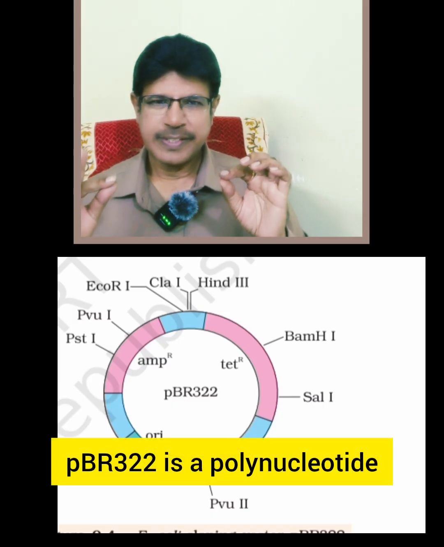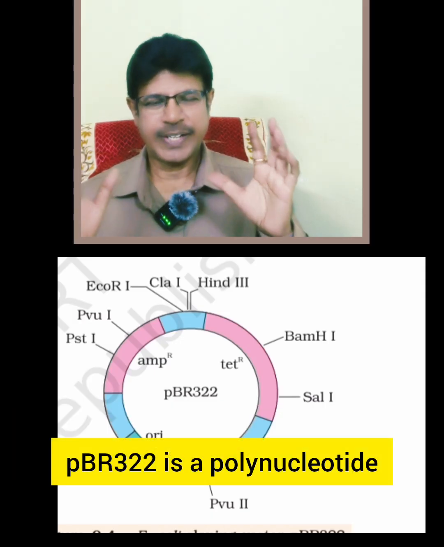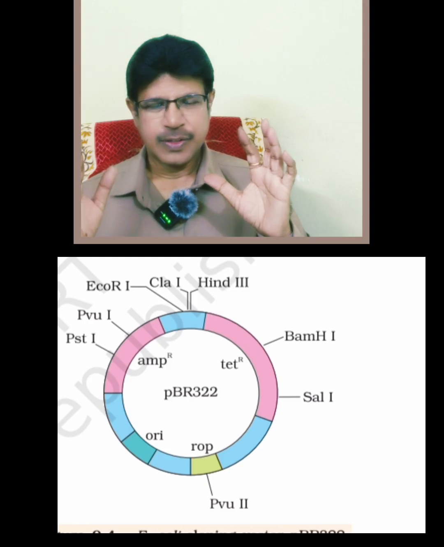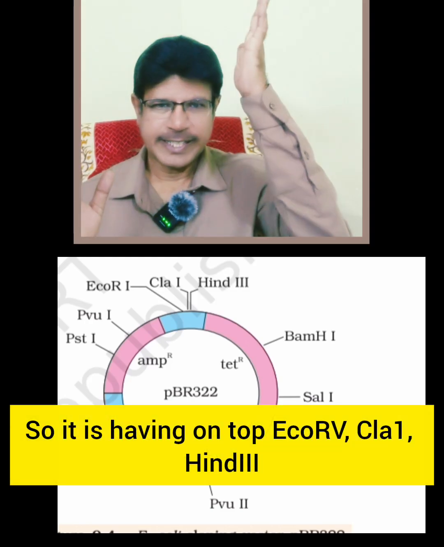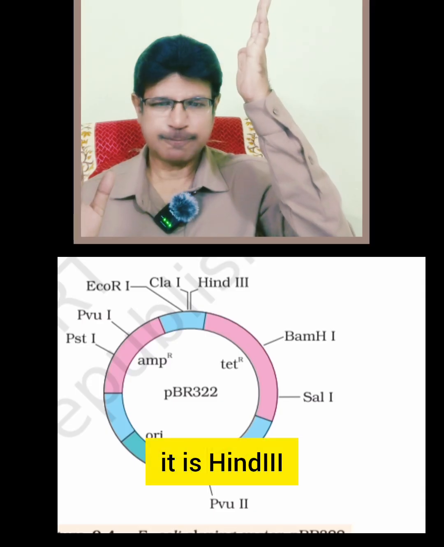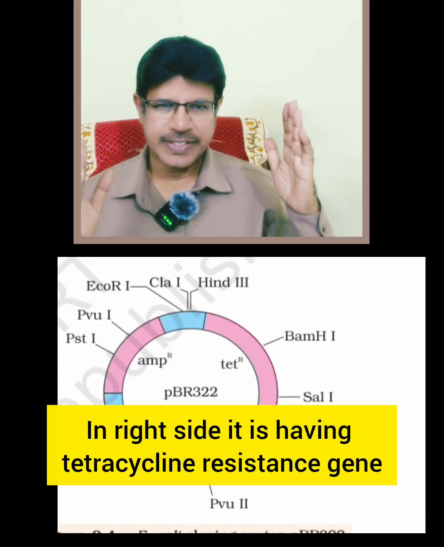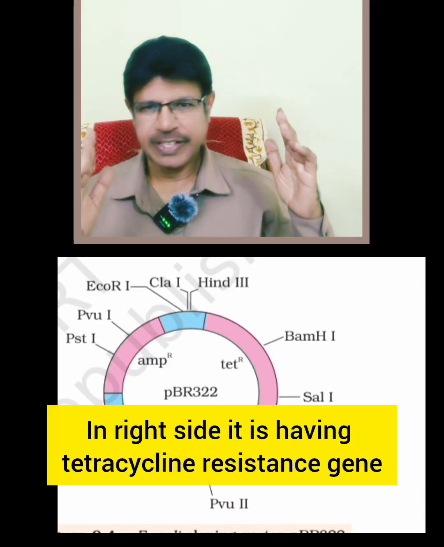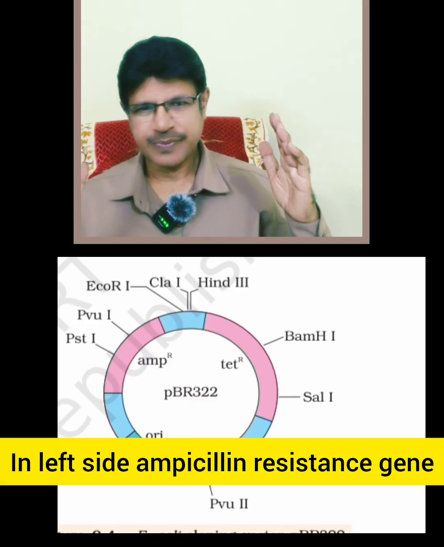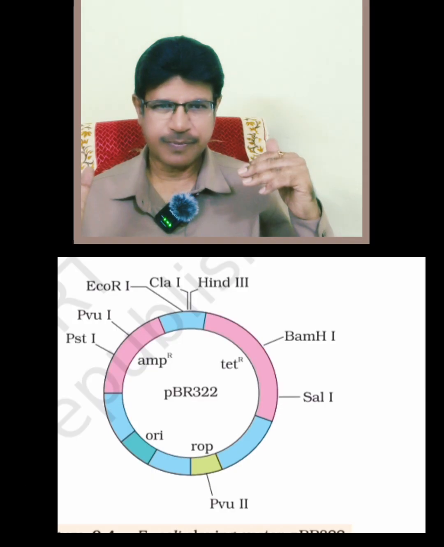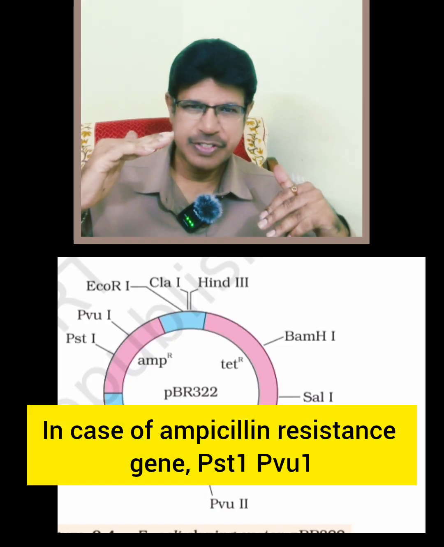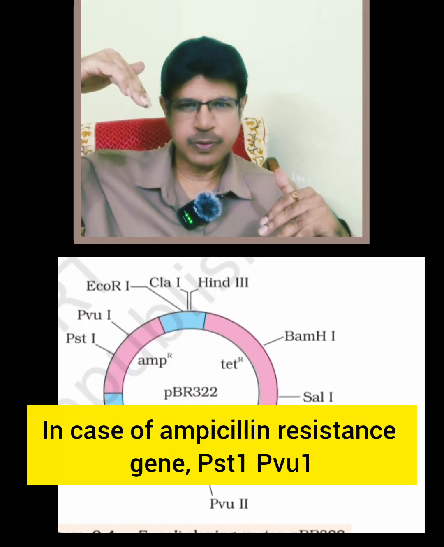pBR322 is a polynucleotide. On top it has EcoRI, ClaI, HindIII. On the right side it has the tetracycline resistance gene, and on the left side the ampicillin resistance gene. In the tetracycline resistance gene are BamHI and SalI. In the ampicillin resistance gene are PstI and PvuI.